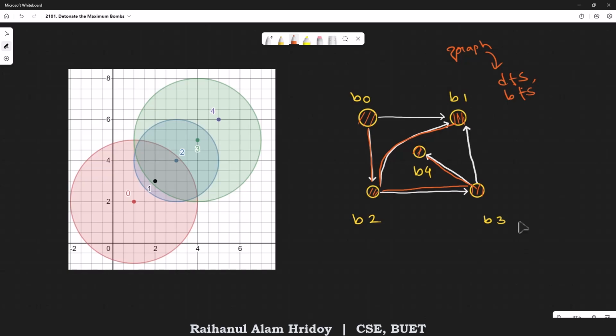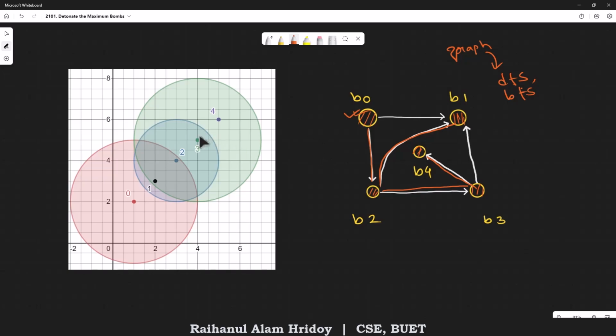Now can we solve this in a DFS way? Thinking for B0, we will add B2 and B1. At first we will go to B2, then before looking for B1 we will also check the children or connections of B2.